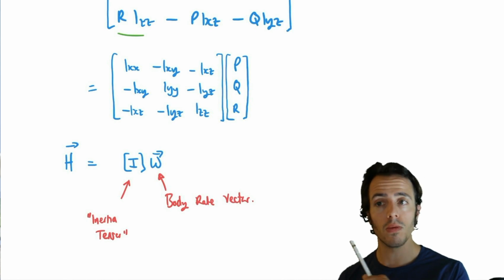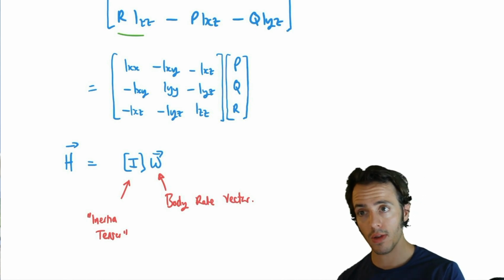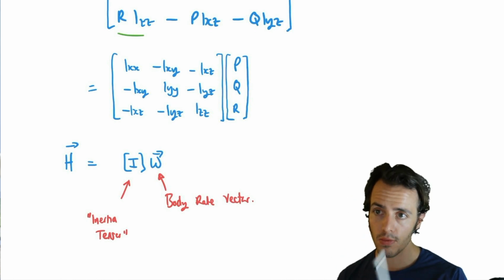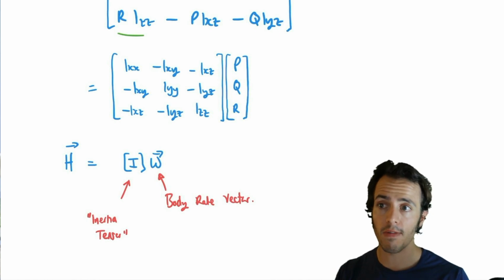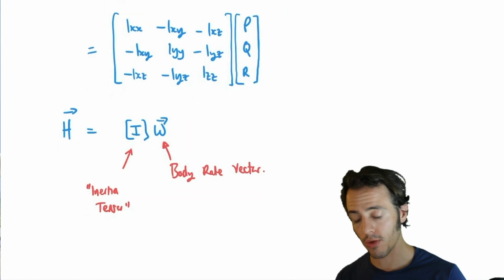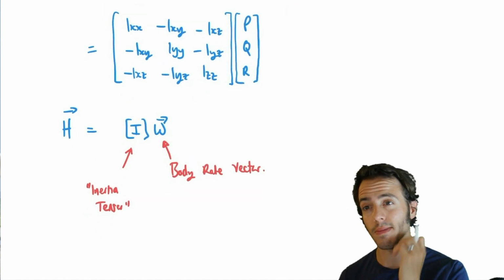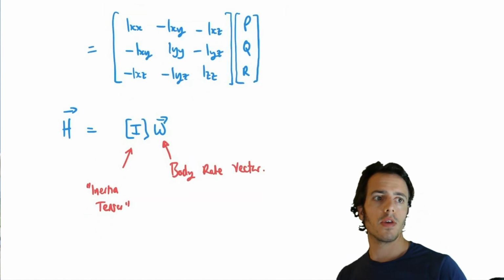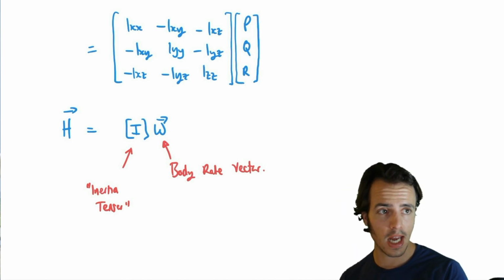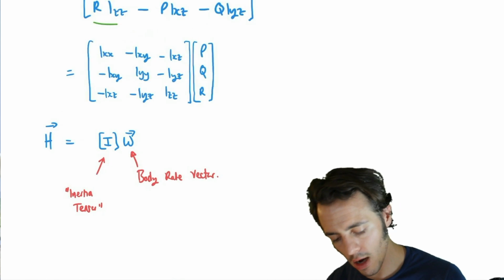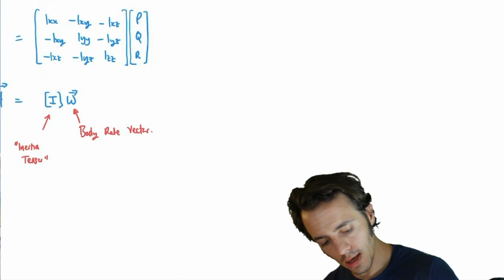So I need to put this into the Coriolis vector to determine the time rate of change of the angular momentum in the inertially fixed reference frame. Okay. So before we do that though, we're going to clean it up, because if we go straight in with this, we're going to end up with a whole lot of terms that we don't really care about. So we're going to look at the inertia tensor.